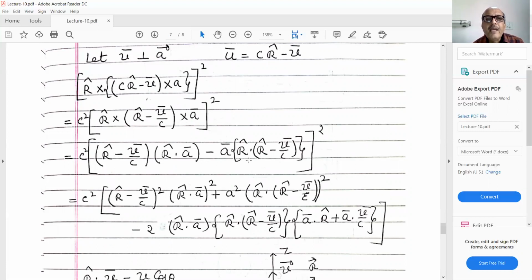So A², and then R cap · R cap − B/C squared, minus twice of basically the term containing both these terms.